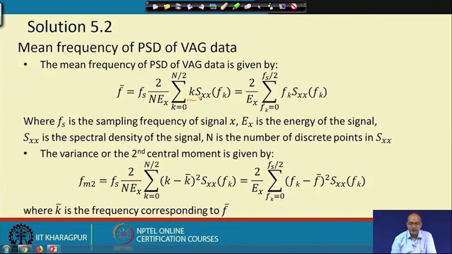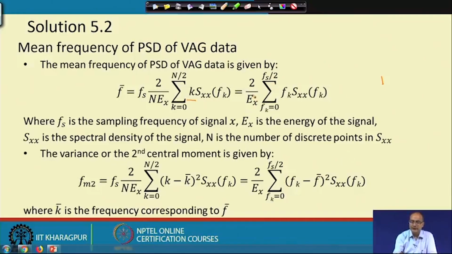And as we have to take the mean, we have a term here that is f s by 2, this is the number of samples or frequencies.